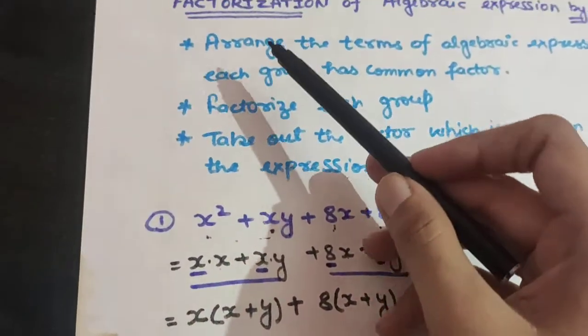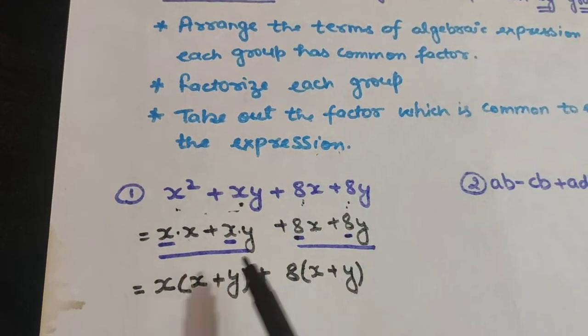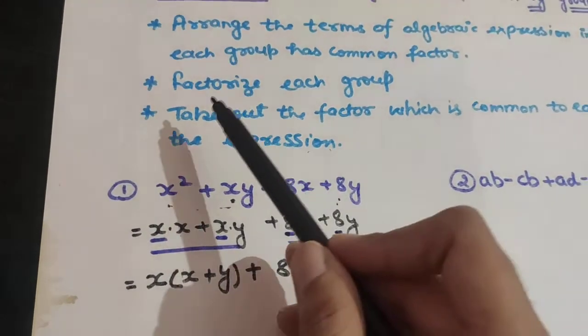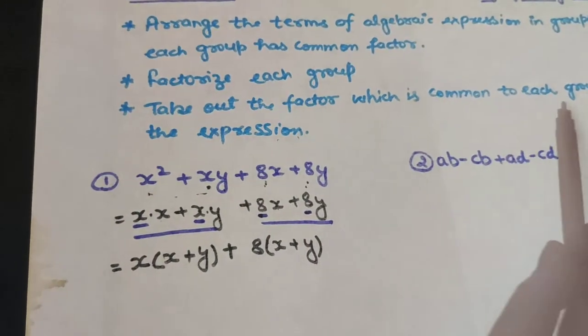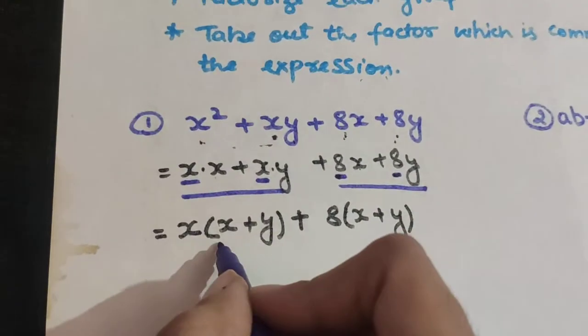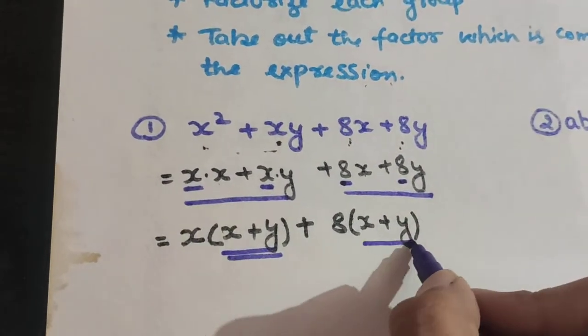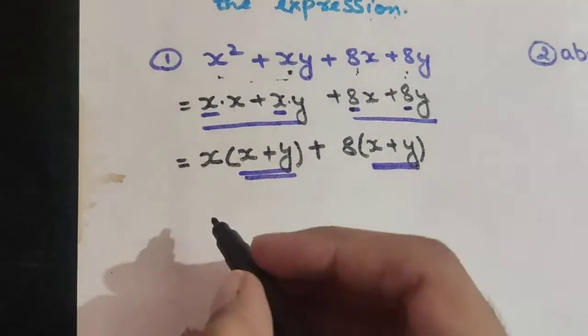So we have arranged the terms, made the groups, and factorized each group. Now the third step: take out the factor which is common to each group. The factor which is common to each group is x plus y. So take out x plus y as common.